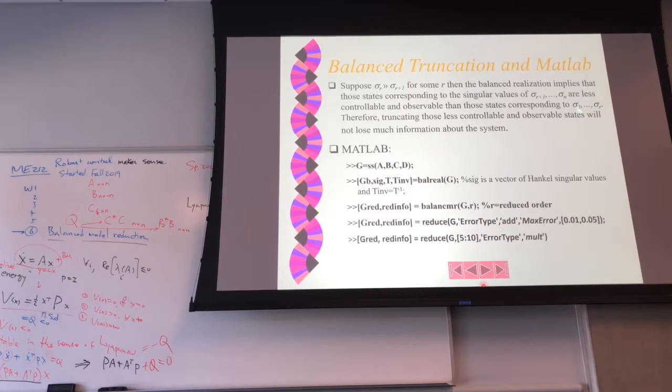So the size of this one is truncating those less controllable, less observable states will not lose much information about the system. That's interesting. So the first R probably is representing the majority of the dynamics. The others are trivial. It's hard to control, it's hard to observe, why bother? Just truncate.